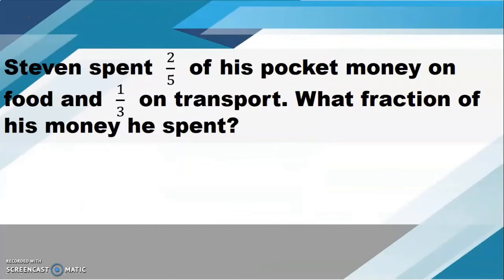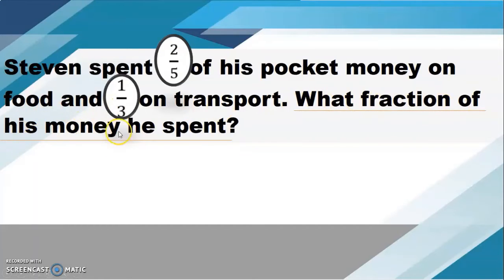Let's have this example. Stephen spent 2/5 of his pocket money on food and 1/3 on transport. What fraction of his money did he spend? So we have the important numbers 2/5 and 1/3. Let's underline the question.